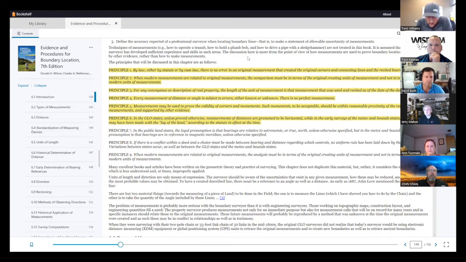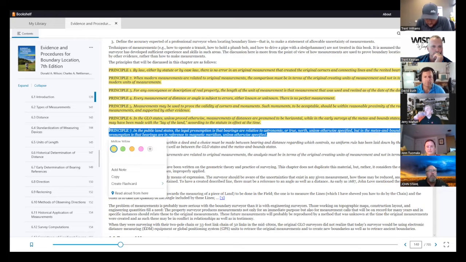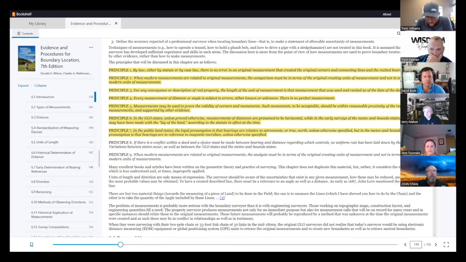Principle 7: in the public land states, the legal presumption is that bearings are relative to astronomic or true north unless otherwise specified. But in the metes and bounds states, the presumption is that bearings are in reference to magnetic meridian unless otherwise specified.